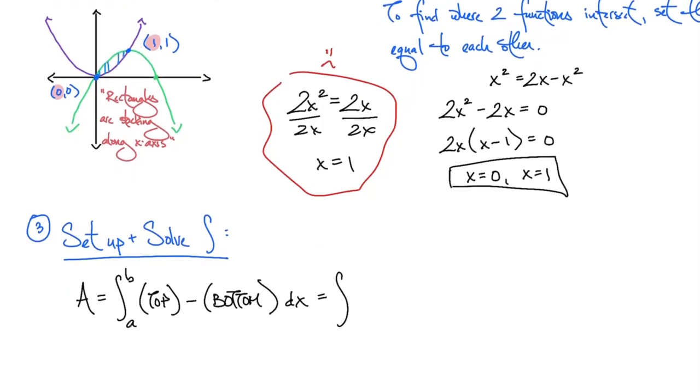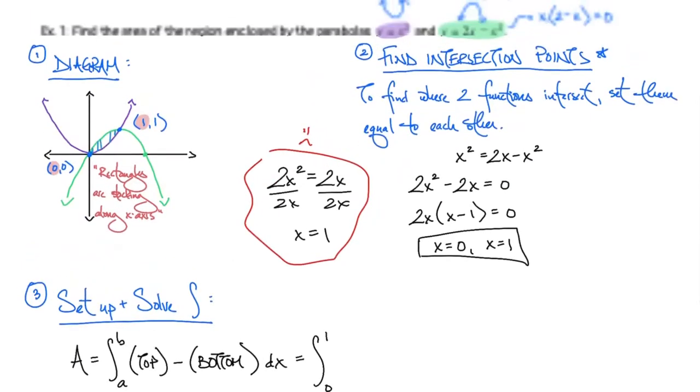Okay, so we're going to choose our 0 as the bottom bound, our 1 as our B value, because those are the red highlighted x values of our intersection points. Now, our top function, I sort of color coded right off the bat, but it's okay if you didn't. You can just draw them in regular and then color over them if you want.